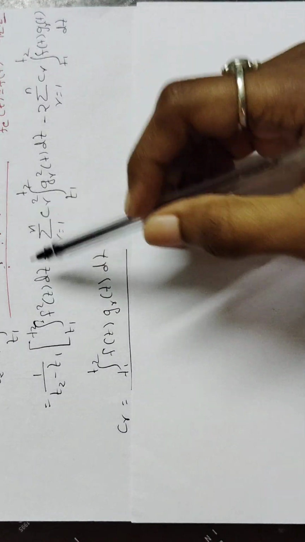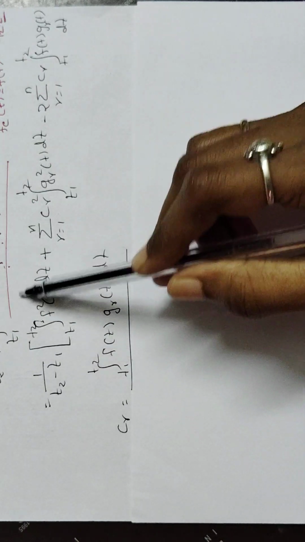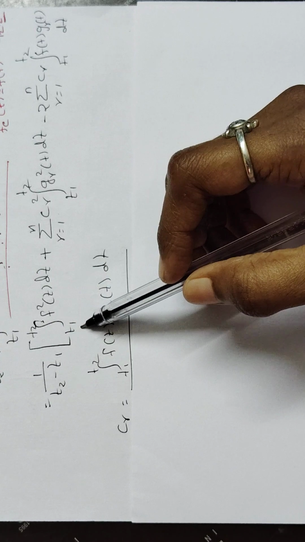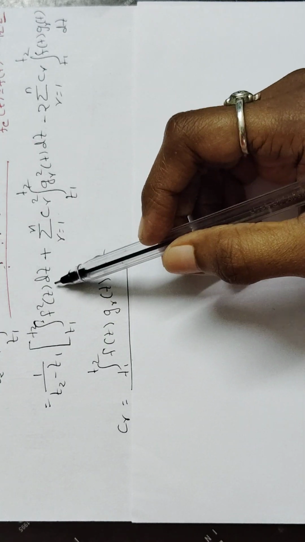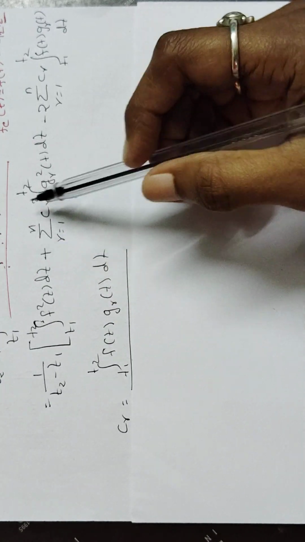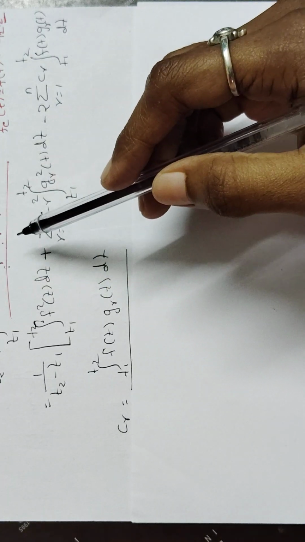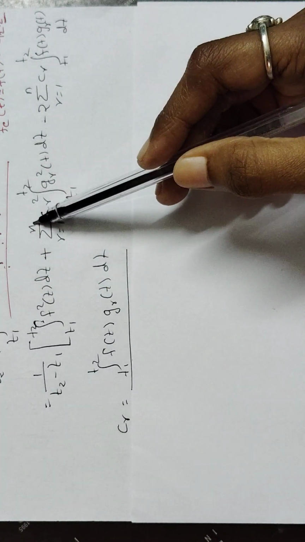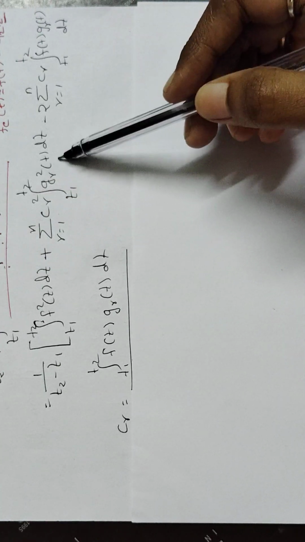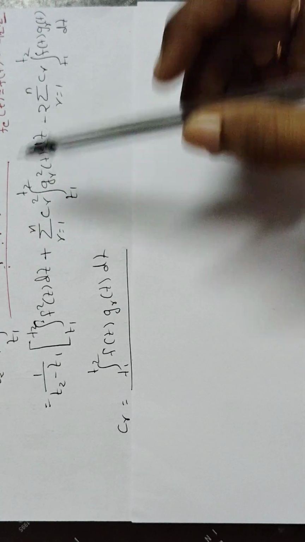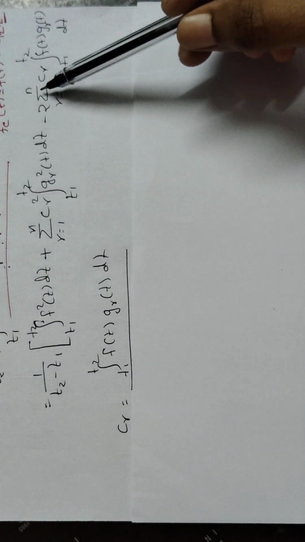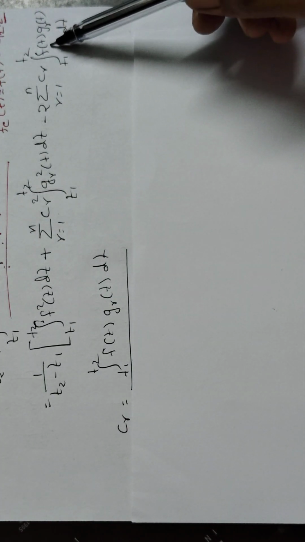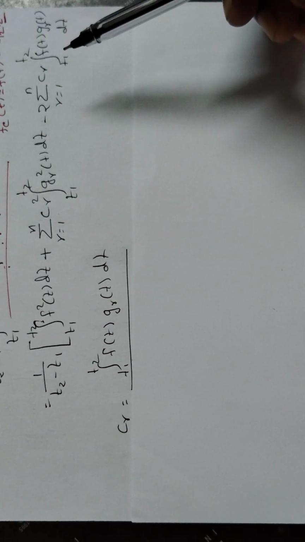Now this can be represented as a minus b whole square. That is integral t1 to t2 f square of t dt plus summation r is equal to 1 to n cr square gr square of t into dt minus 2ab, that is 2 into summation r is equal to 1 to n cr integral t1 to t2 f of t gr of t into dt.